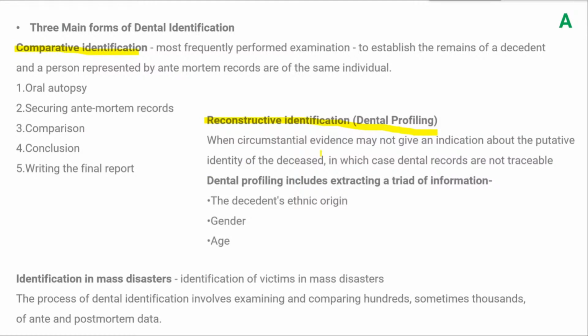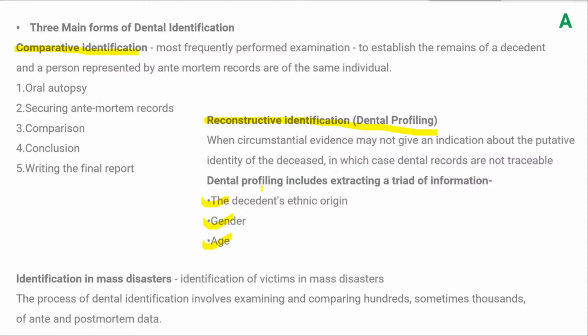But in cases where there is only circumstantial evidence and we don't have a clear indication as to who the deceased person is, and dental records are not traceable, three major criteria are taken into consideration: the decedent's ethnic origin, gender, and age.